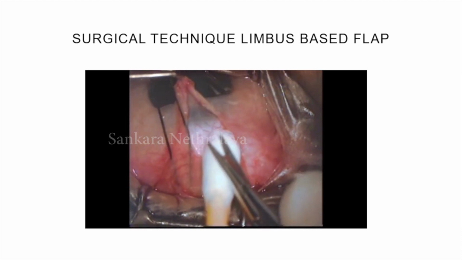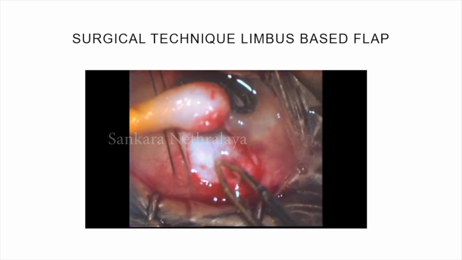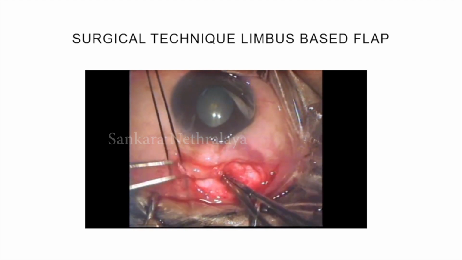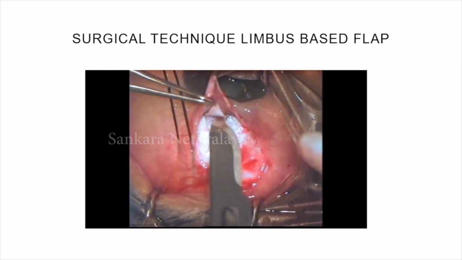You can see the incision is made 10 mm behind the limbus. And the rest of the steps are similar to a fornix-based flap.